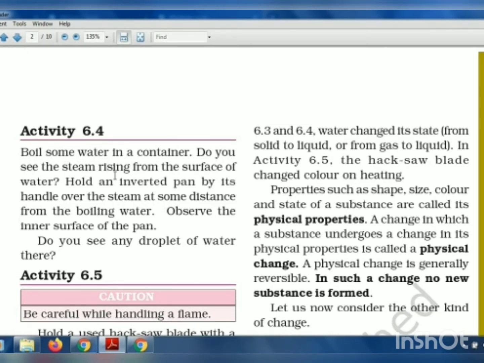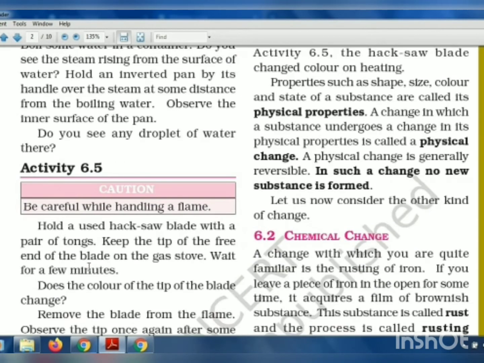The steam touches the cold lid and then it gets converted into water droplets. This process of converting the steam into water droplets is called condensation. So that is also a physical change. The steam is converting into water droplets.